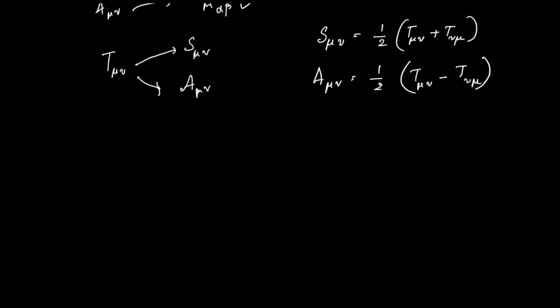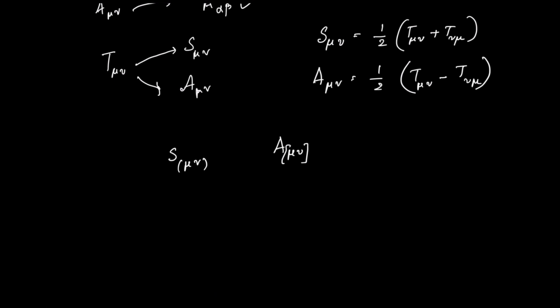Also there is a notation which is much more convenient. That is, the rank 2 symmetric and skew symmetric tensors are usually denoted as S mu nu with an ordinary bracket, and the antisymmetric A mu nu is denoted by a square bracket.